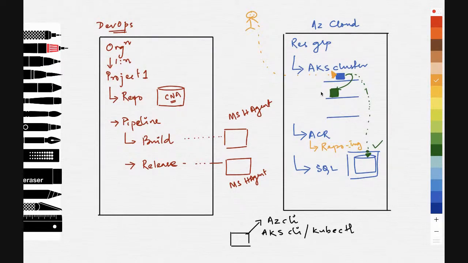I had mentioned the image of this one would be picked from hub.docker.com. The image of this is picked from ACR. What about the database? You need to publish the database as well. That also we need to do. So we would look into the next task. So one image is picked from the Azure Container Registry. Another image is picked from hub.docker.com.